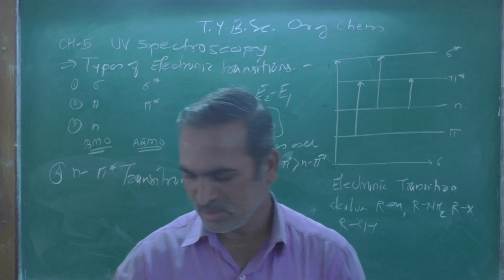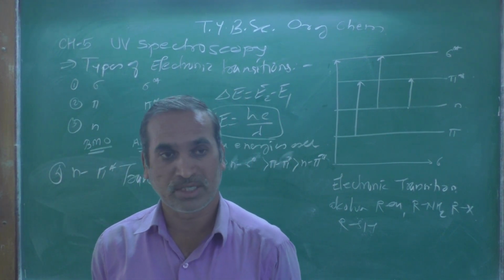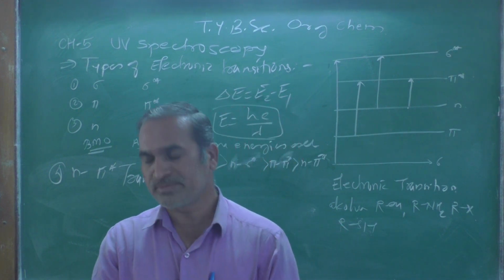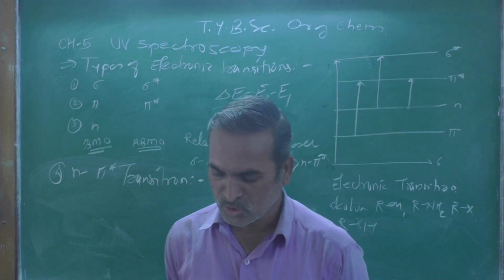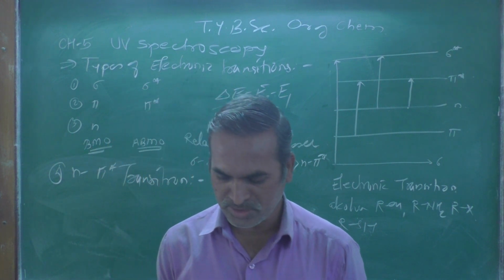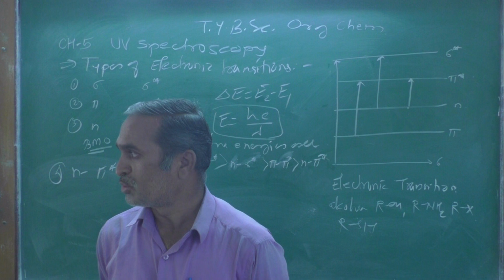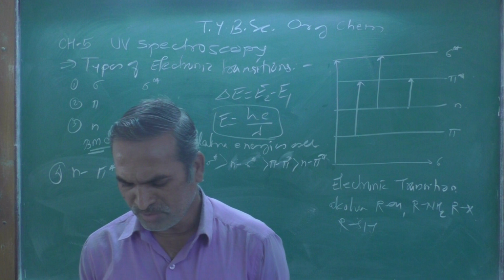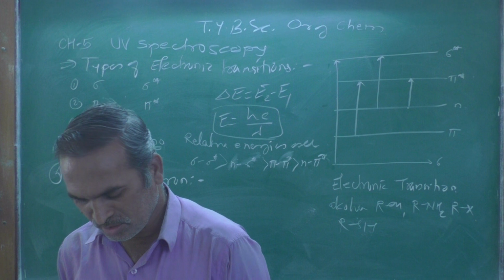Compounds containing double bonds involving a heteroatom, carbon oxygen double bond, carbon sulfur double bond, carbon nitrogen double bond, nitrogen oxygen double bond, undergo N2 pi star transition. The N2 pi star transition requires minimum energy, which in turn shows absorption toward longer wavelength.